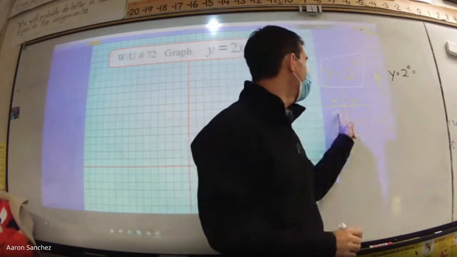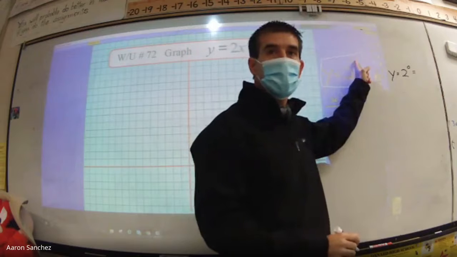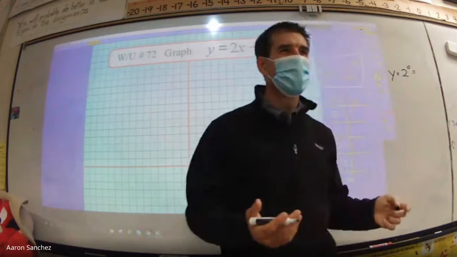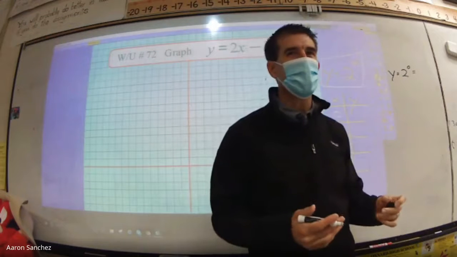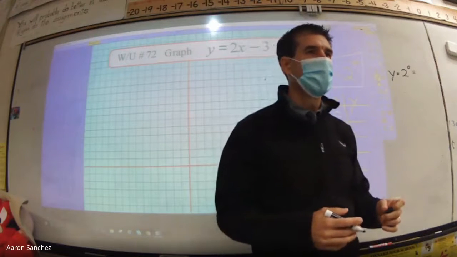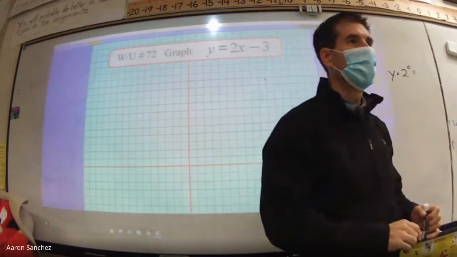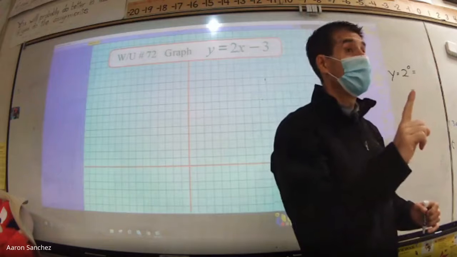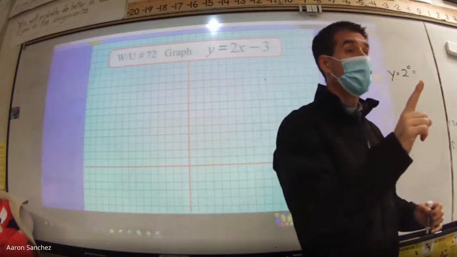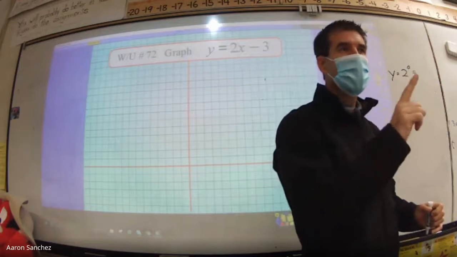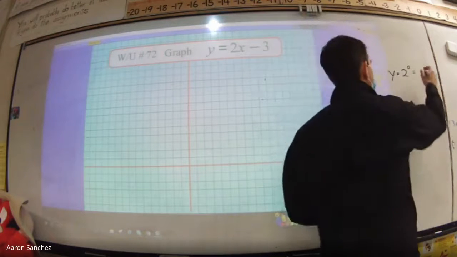So we're going to plug in 0 for x first, right? That makes sense? You guys know what 2 to the 0 power is? You might not know, but it's actually really easy. 2 to the 0, anyone know? No, that would be 2 to the 1. Good thinking, though. It's weird. Anything to the 0 power is equal to 1.